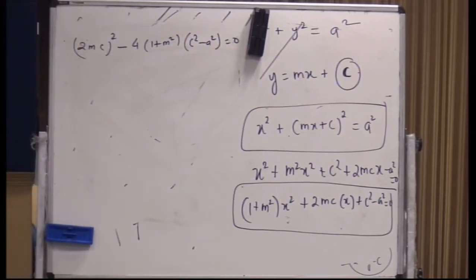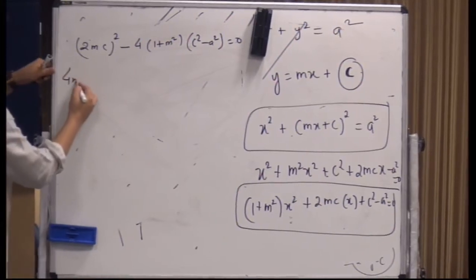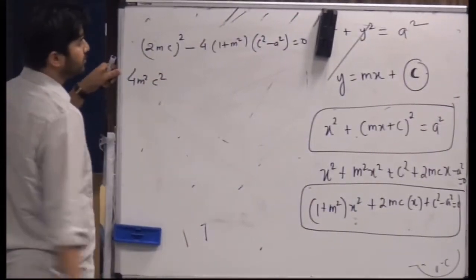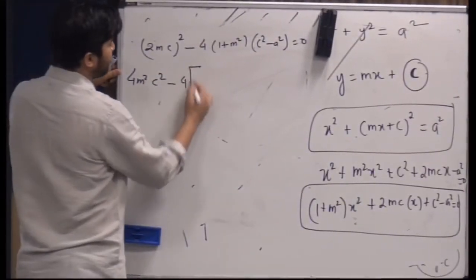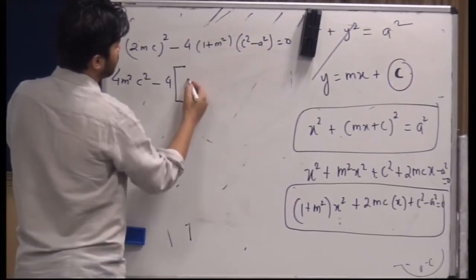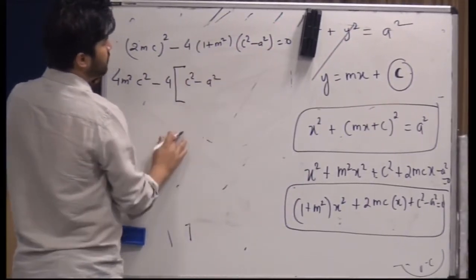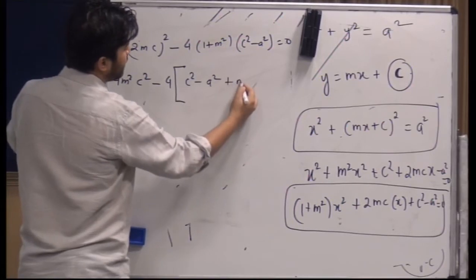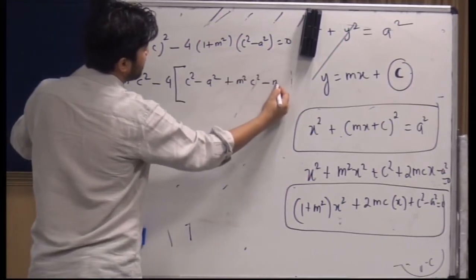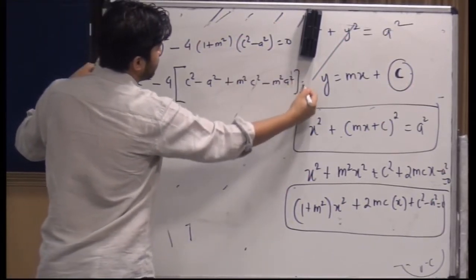Okay, now let's open it up. 4m square c square minus 4, you don't have to get confused here, multiply by 1 first, c square minus a square, then go with m square c square minus m square a square is equal to 0.